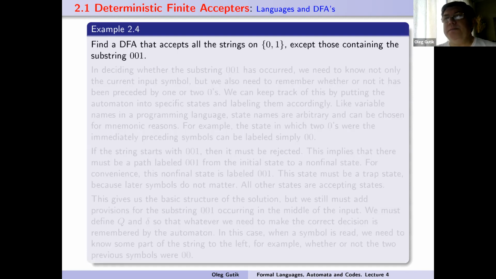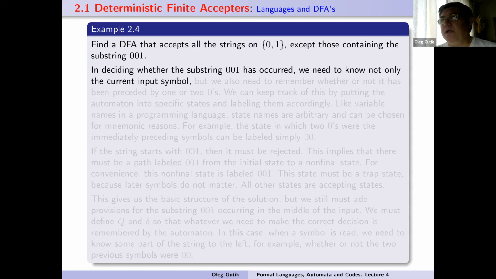The next example. Find a deterministic finite acceptor that accepts all strings on the alphabet {0, 1}, except those containing the substring 001. In deciding whether the substring 001 has occurred, we need to know not only the current input symbol, but we also need to remember whether or not it has been preceded by one or two zeros.